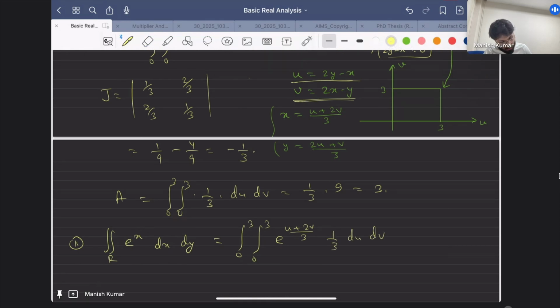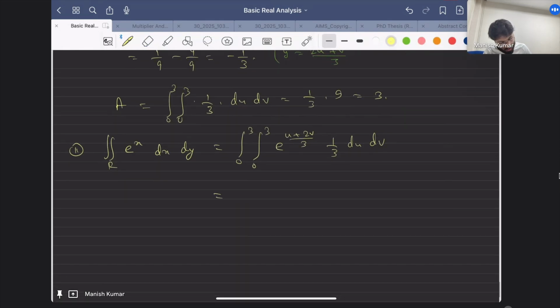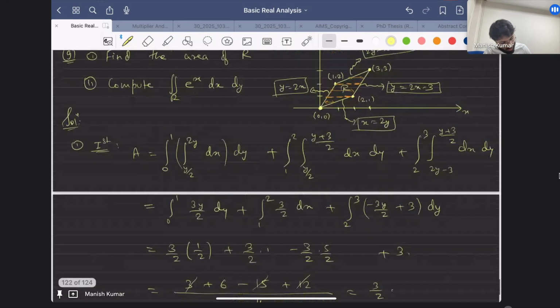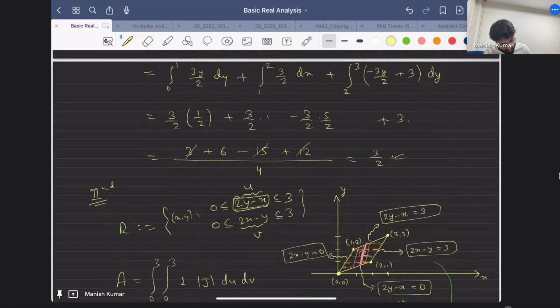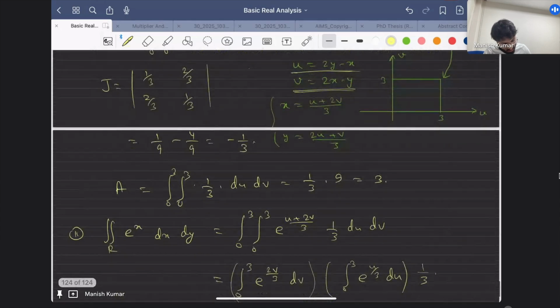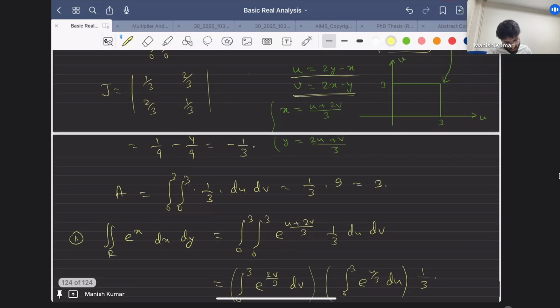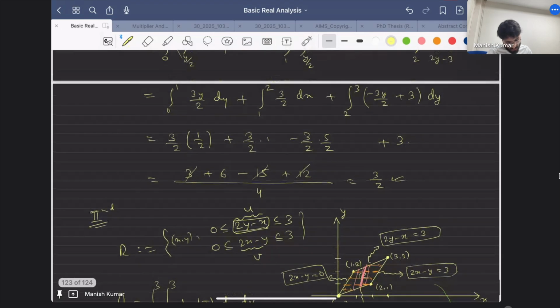So this is the integral 0 to 3 of e to the 2v by 3 dv, and then the integral 0 to 3 of e to the u by 3 du, and 1 by 3. I think here I got 3 by 2. Why am I getting 3 here? There's something wrong. Why did I get 3 by 2?